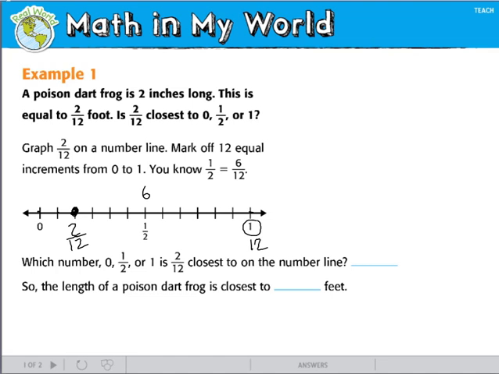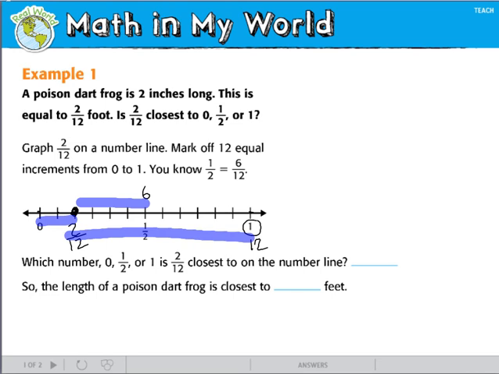Now, this is where it gets a little tricky. We're going to go from 2 to 6, from 2 to 0, and from 2 to 12. So looking at my lines, we're going to count the places.